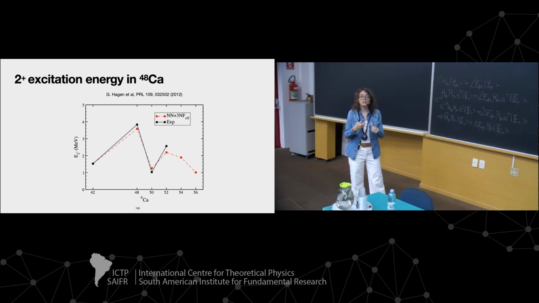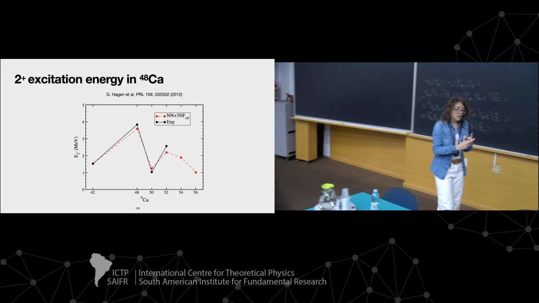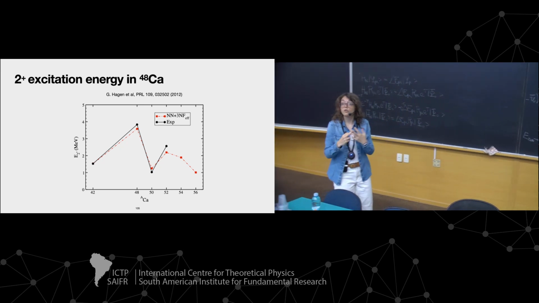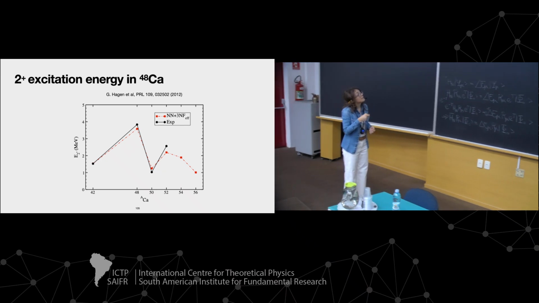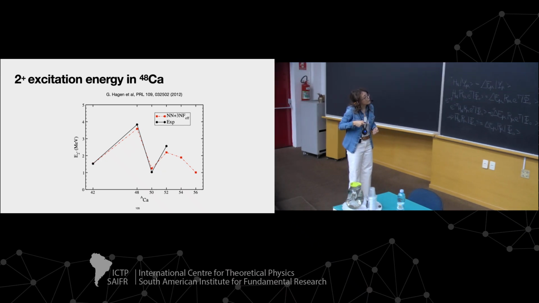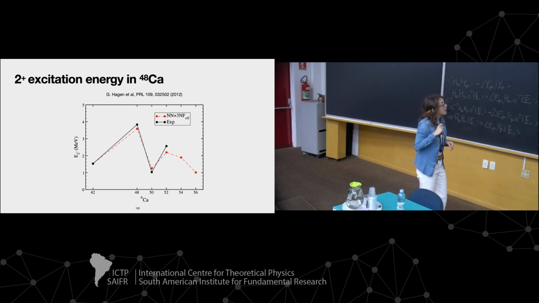So one usually looks at binding energies, separation energies, charge radii, and also 2+ excitation energies. And actually here in calcium-48, if we look at the isotopic chain, we see that there is a bump in the 2+ excitation energy that indicates that we actually have a shell closure corresponding to calcium-48.